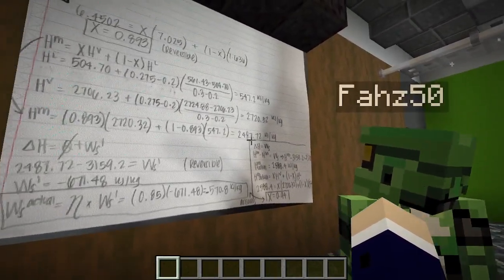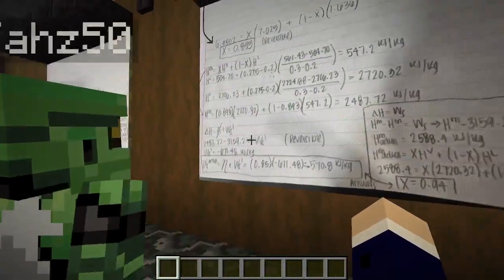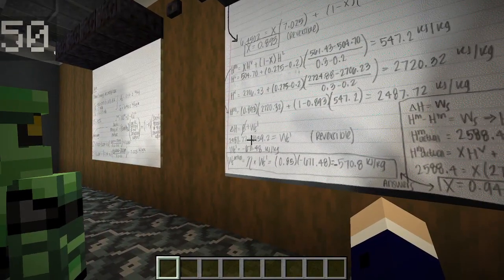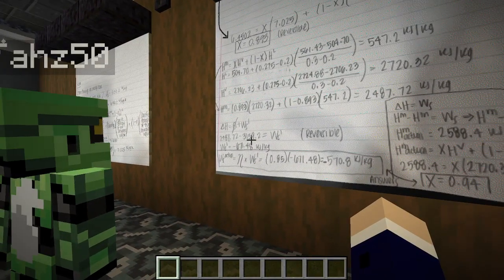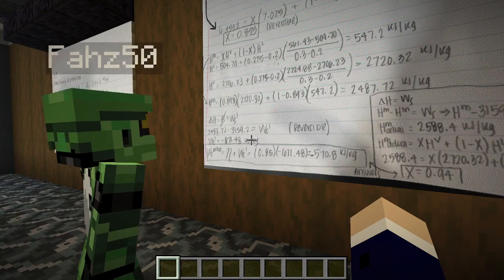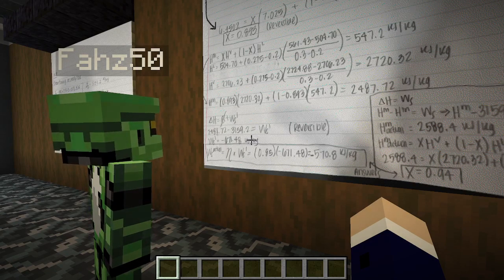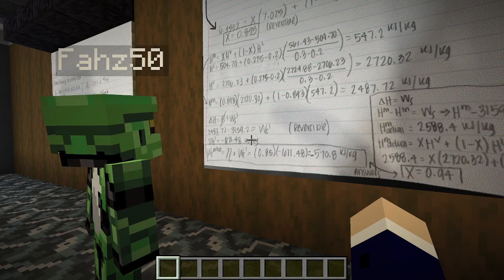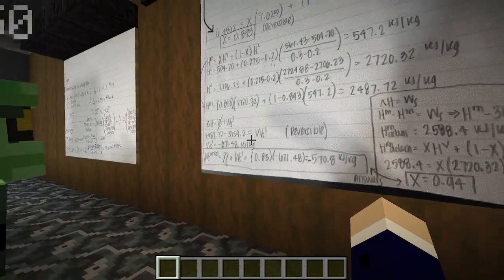2,487.72 kilojoules per kilogram. From here, we develop an energy balance equation where delta H, the change in enthalpy, is equal to Q plus work shaft prime. This is for the reversible part, and Q is equal to 0 here.